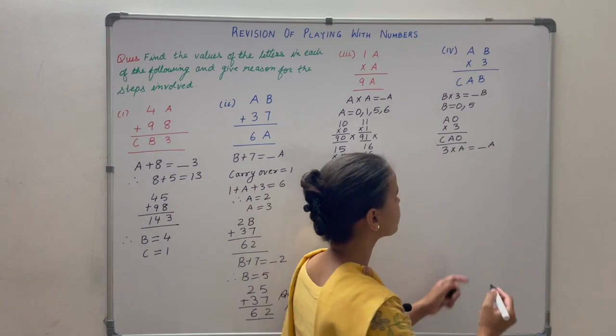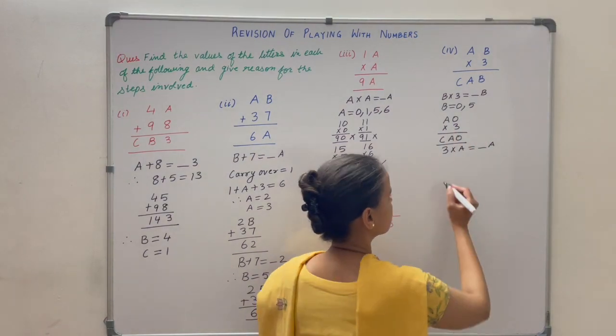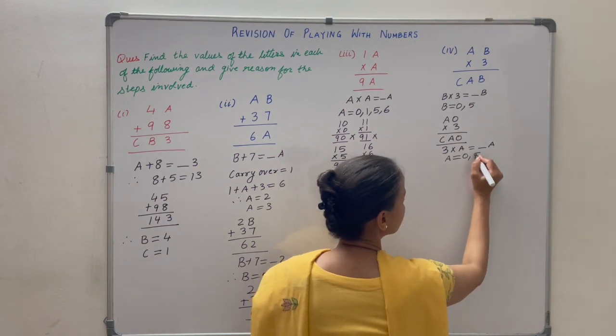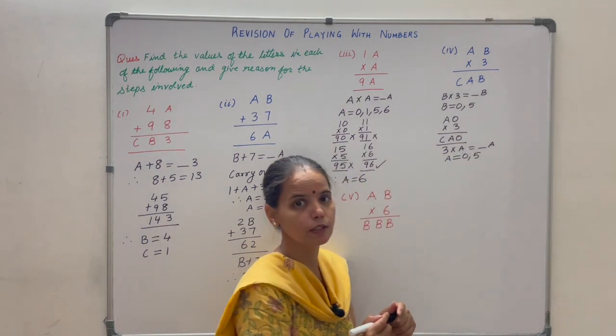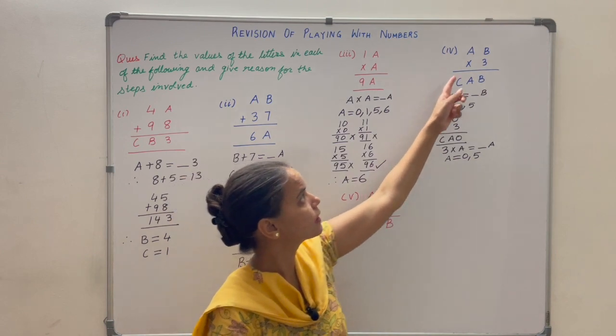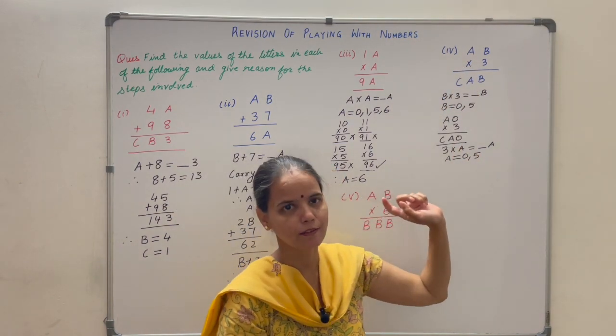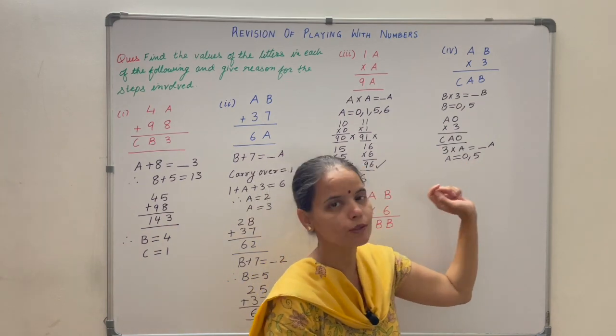So when this happens, only these two possibilities are here. Either A can take 0 or it can take 5. But as per the rule, the first letter cannot be 0. So A cannot take the value 0. So A has to take 5.